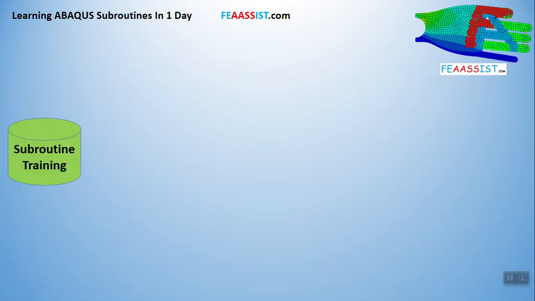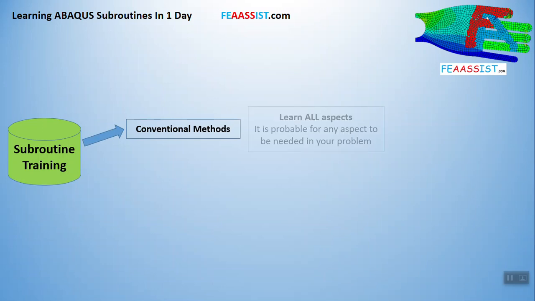In order to learn to write a subroutine, subroutine training, there are two methods. First of all is the conventional method. In the conventional method, you start to learn all aspects of subroutine writing. For example, you need to learn the Fortran programming language.